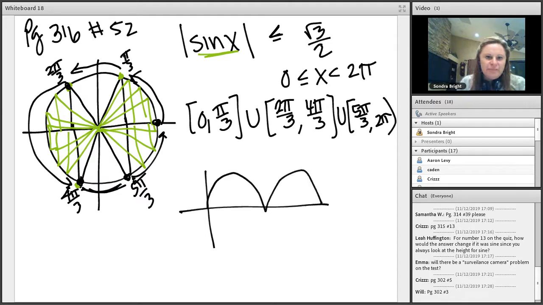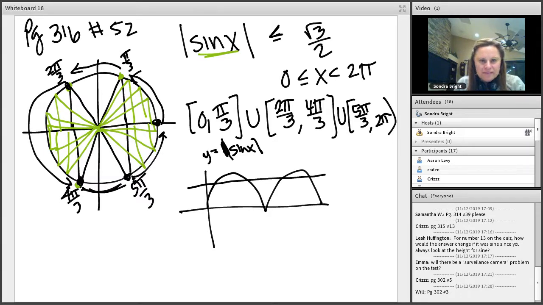So that's y equals the absolute value of sine. And then rad 3 over 2 would be here. And when do you want it? You want when it's less than. So you want this section here, this one, and that one.